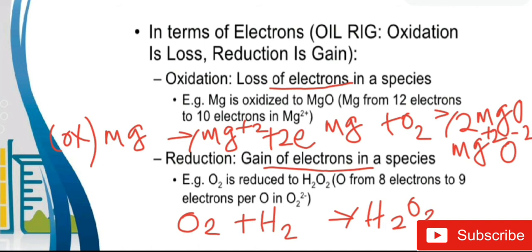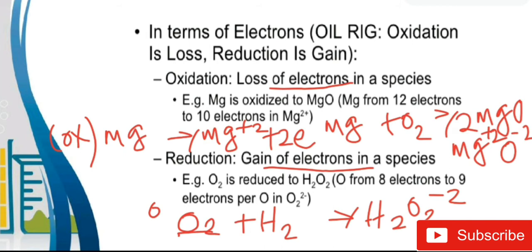In the hydrogen peroxide, if you see the charge, in this case the oxygen is free, so the charge on this oxygen atom is 0. But the charge in the oxide is O minus 2.